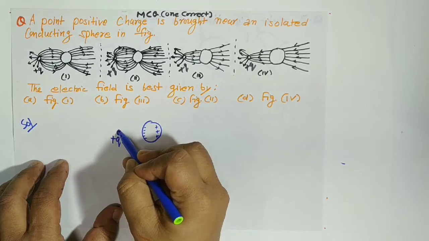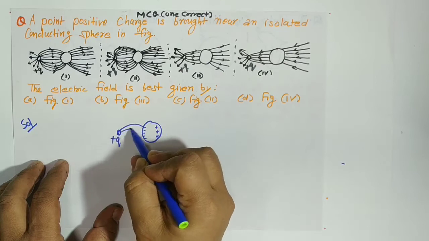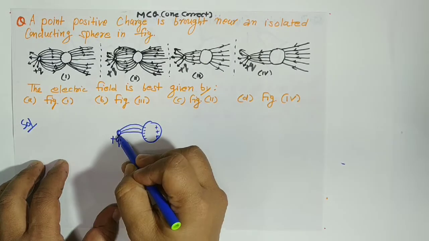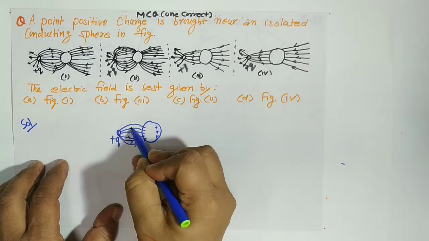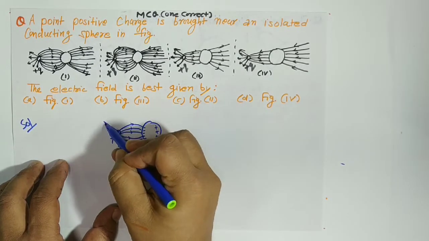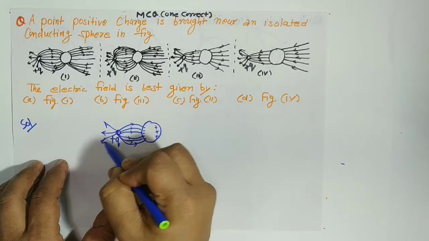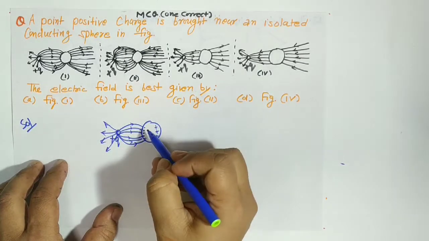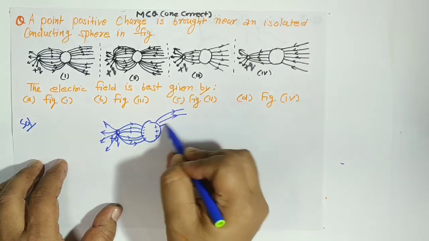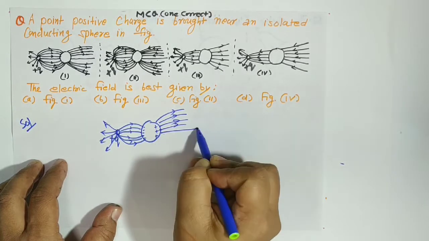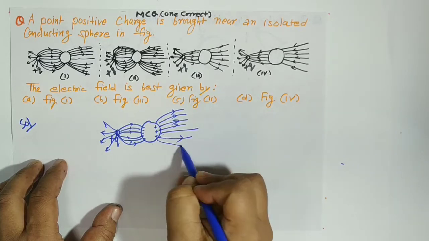So what will happen? The lines will move like this, from here, from here, from here. So they are going like this, and certainly the lines are moving and they will come out from this side, like this.